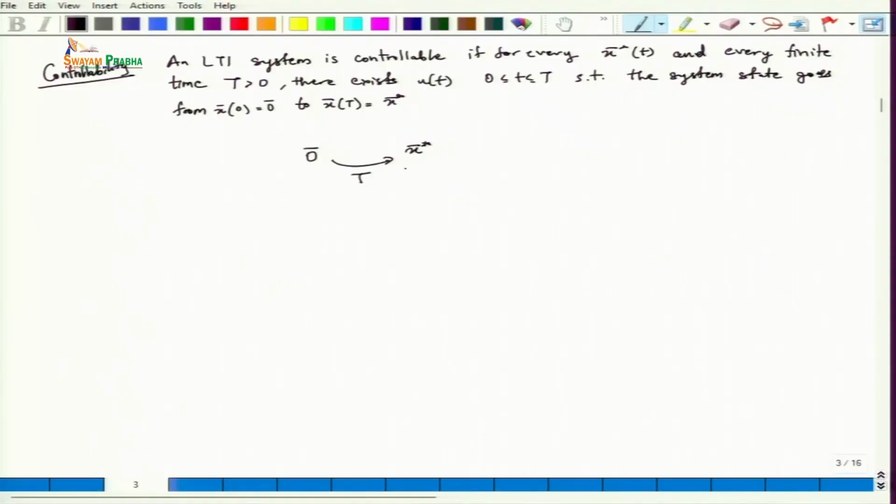If there exists a control input which makes this possible for all states x star and for all times T, then the corresponding LTI system is controllable.